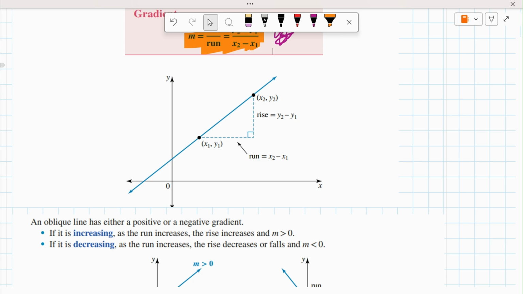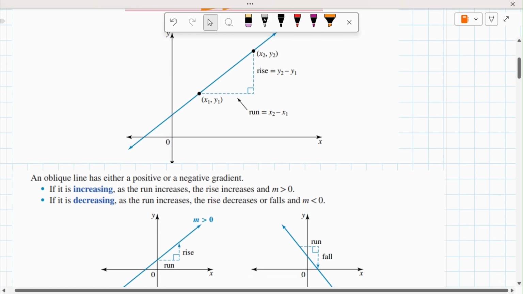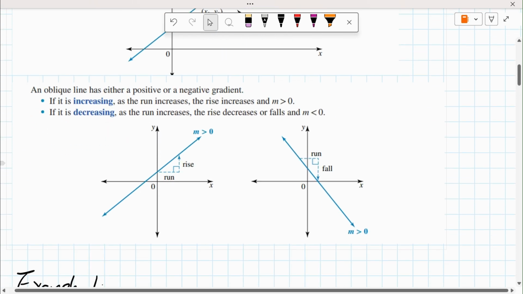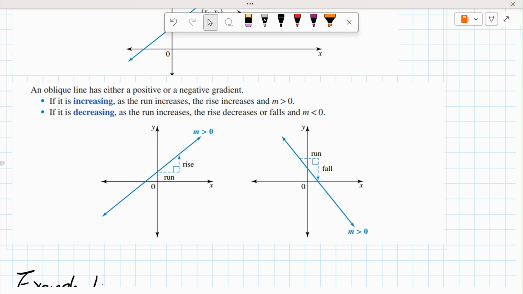If it is decreasing, the rise decreases but the run is always increasing. First, a negative gradient goes from top left to bottom right, and a positive gradient goes from bottom left to top right.